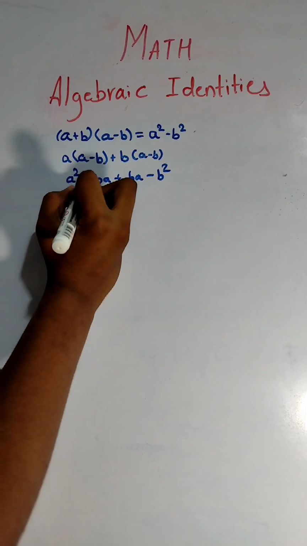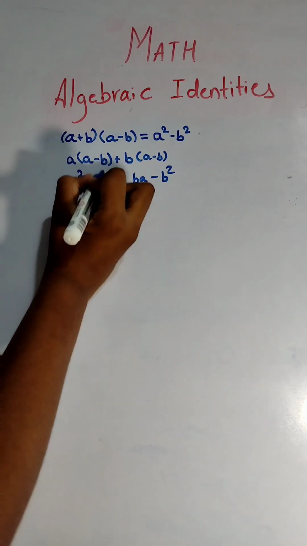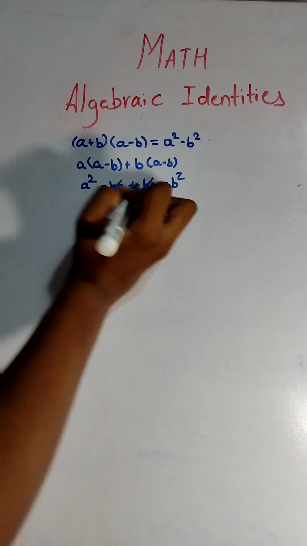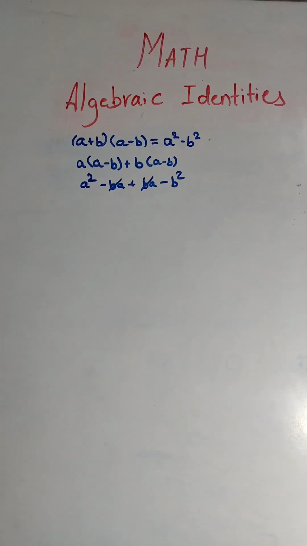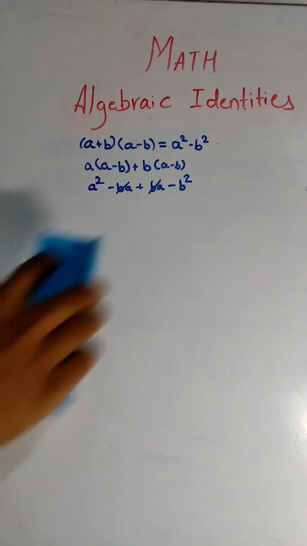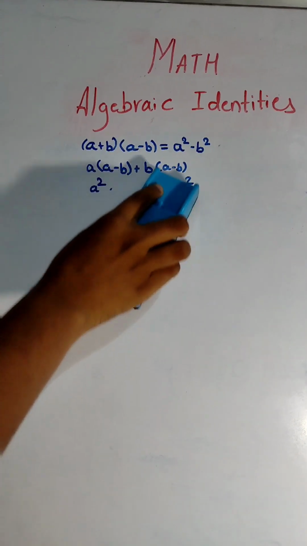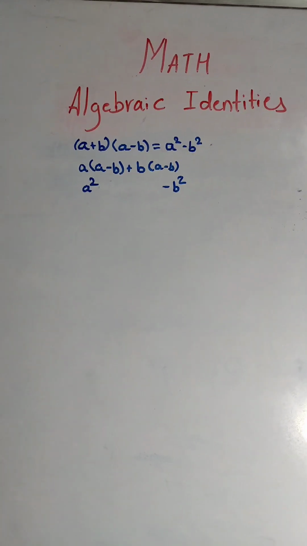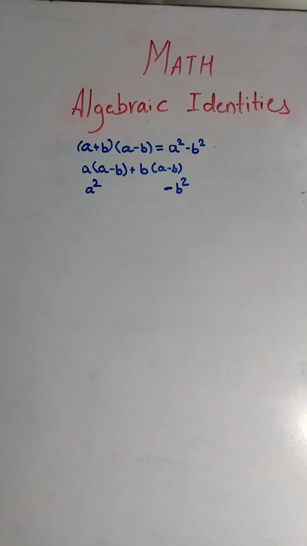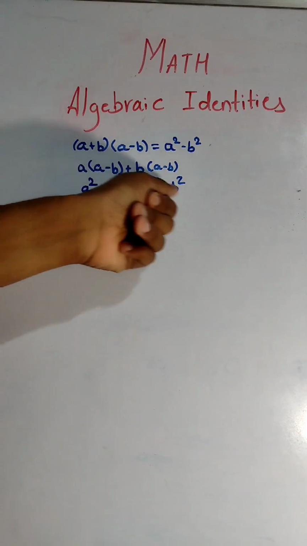As you can see, we have a minus ba and plus ba, and both of these cancel out, that is, they add up to 0. So we can completely remove this from the term, and what we are left with is a square minus b square.